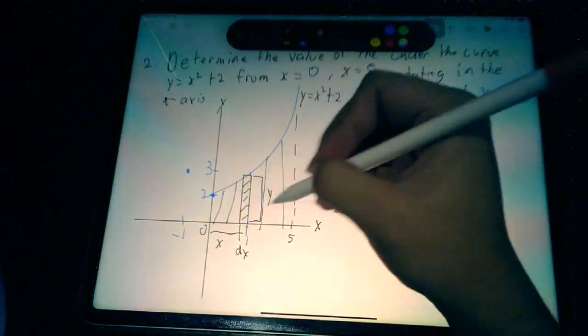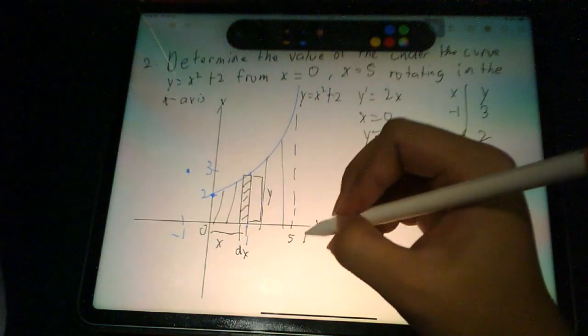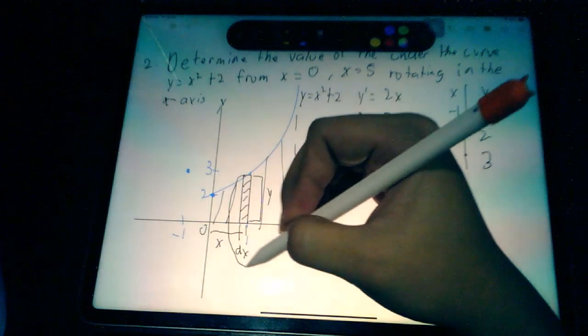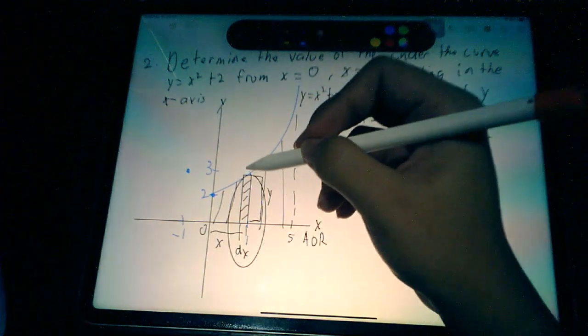By rotating this area, we can form a cylindrical disc.